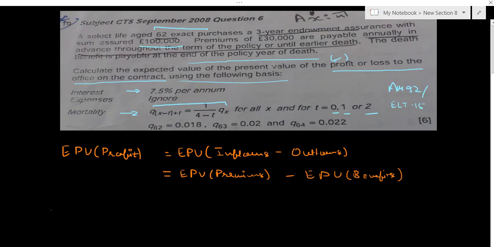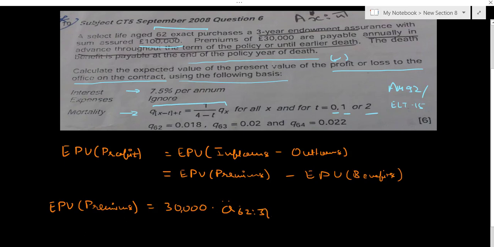Let's find out the EPV of premiums. The amount of premium is given as 30,000 per annum. So it's 30,000 pounds payable per annum times the annuity factor, that is a temporary annuity due payable to a life aged 62 for 3 years.